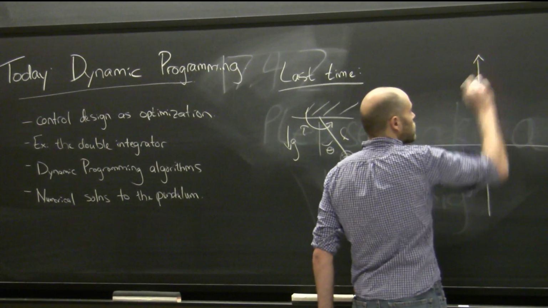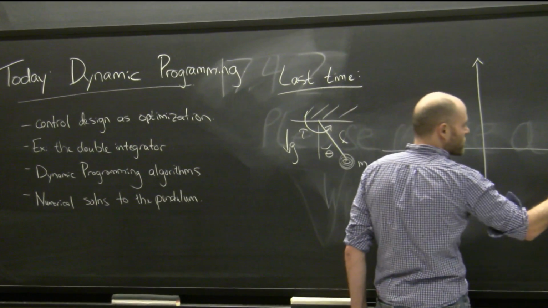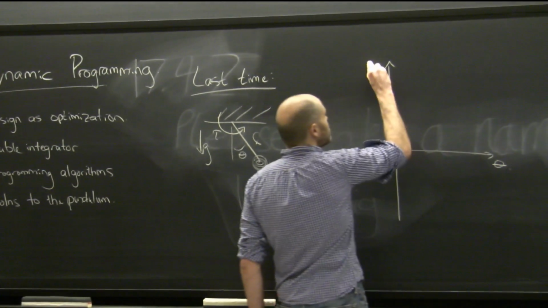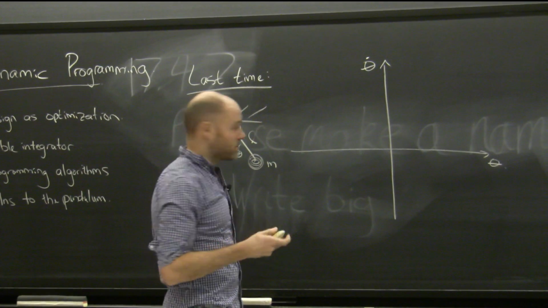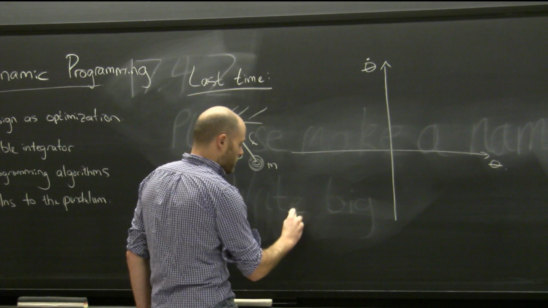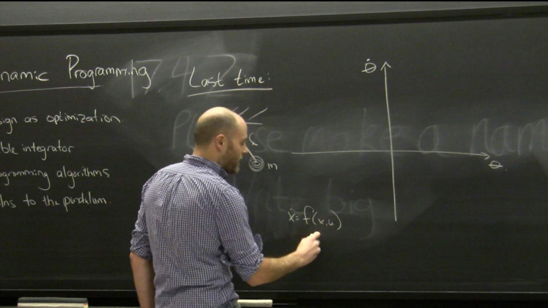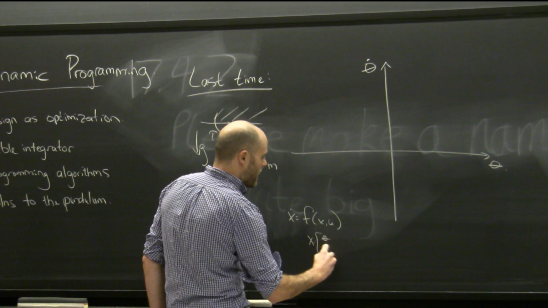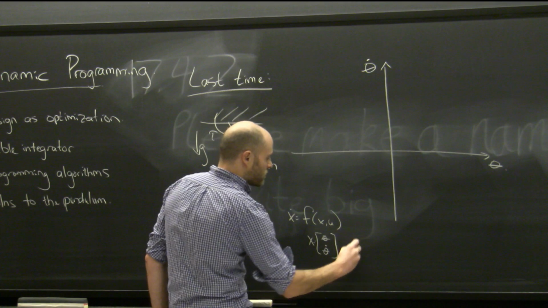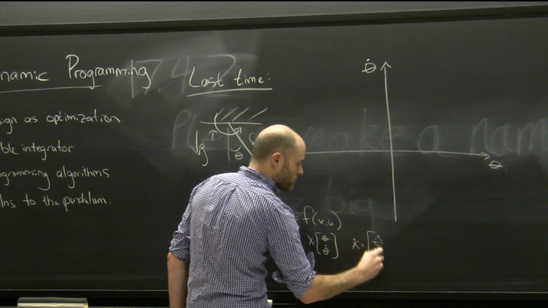We ended up drawing the pendulum eyeball. The phase portrait, if I plot theta versus theta dot, and I plot the dynamics, which is now, if I write x dot equals f of x, u, x is theta, theta dot, so x dot is theta dot, theta double dot.